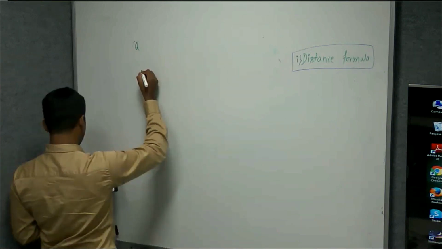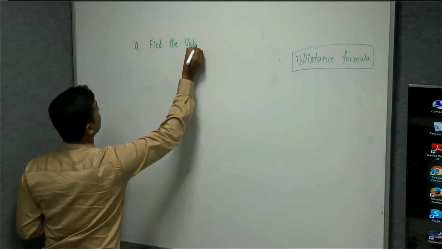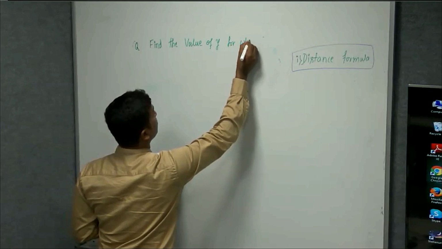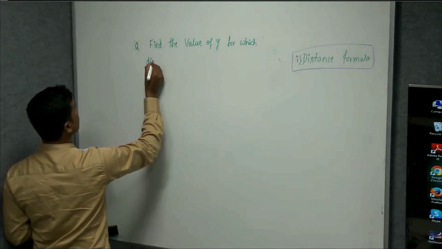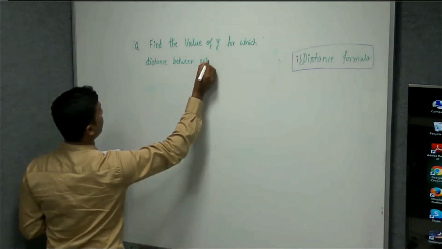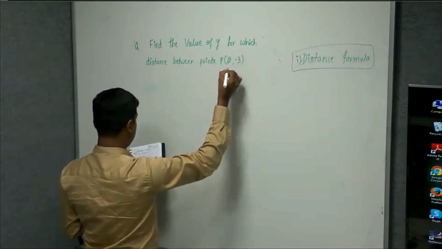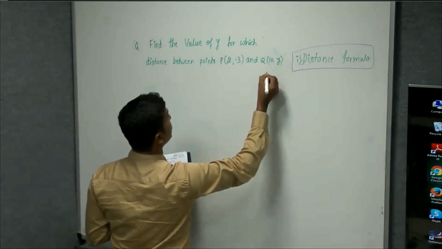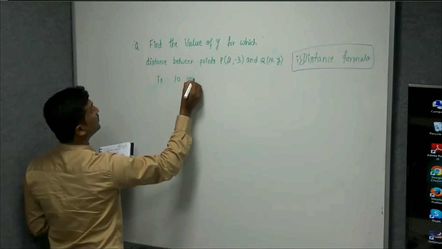The question is like this: find the value of y for which the distance between points P (2, −3) and Q (10, y) is 10 units.